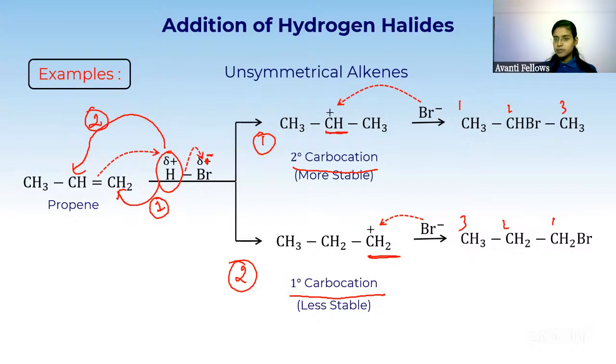Now out of these two, one will be the major product and the other one will be the minor product. Which one is the major product? The product which has formed from the secondary carbocation is the major product. And the other one is the minor product.